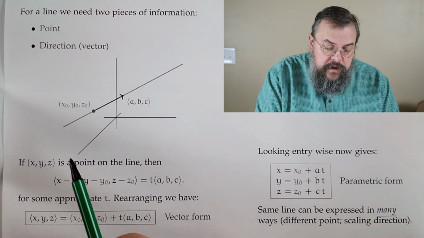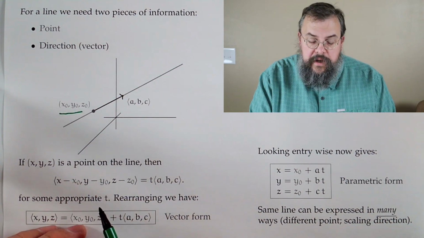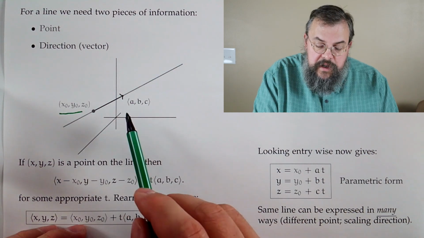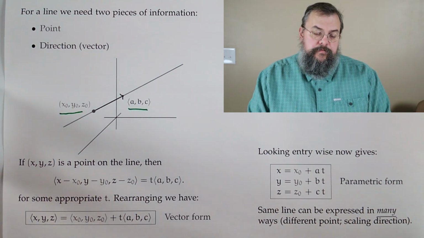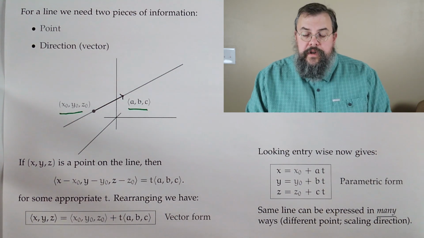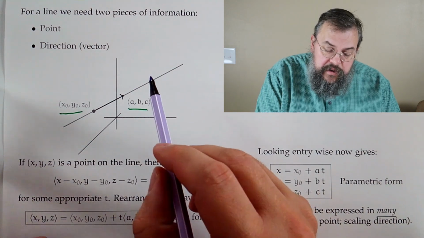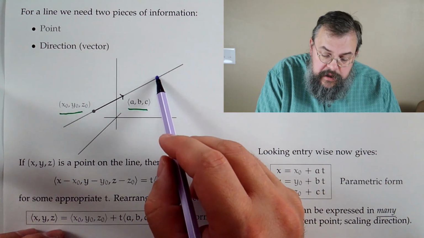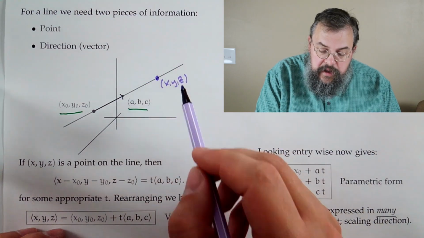So what do we have? Well, we have our point, so x0, y0, z0, and our direction, a, b, c. Now, what do we do? Well, what we do is we say, look, suppose I have any other point on the line. So there's a different point, x, y, z.